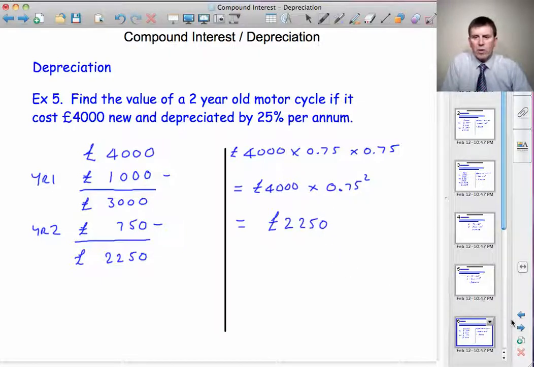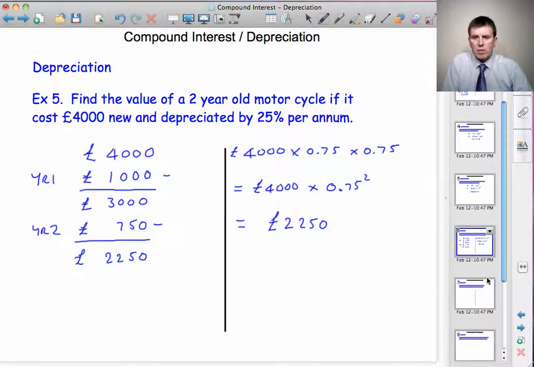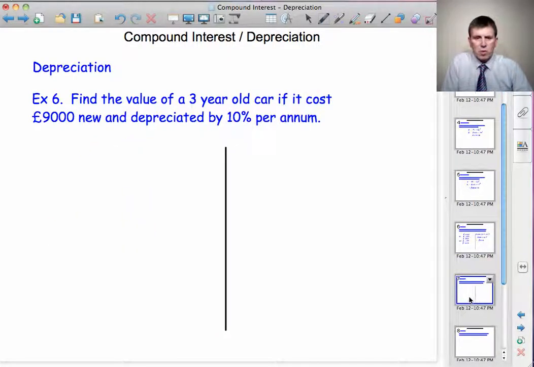Moving on now to example 6, the second one of the depreciation ones. Find the value of a 3-year-old car if it costs £9,000 new and depreciated by 10% per annum.